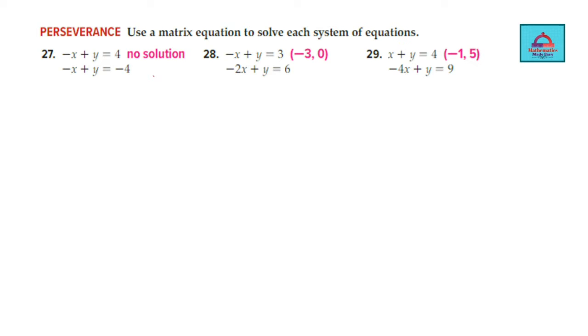When we solve question 27, you will see how the system has no solution. However, for question 28, there is a unique solution. After you understand these two questions from this video, make sure you try question 29 yourself to check your understanding, and I've put here the final answer -1, 5 that you can use to check your answer.